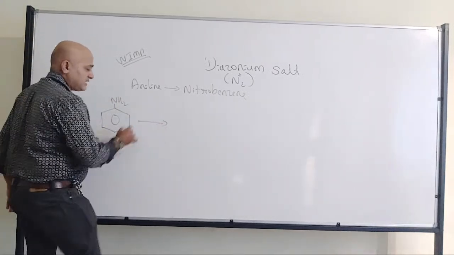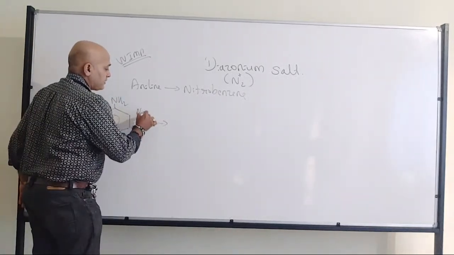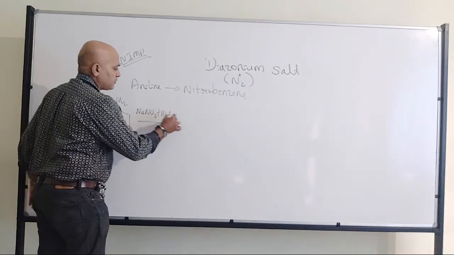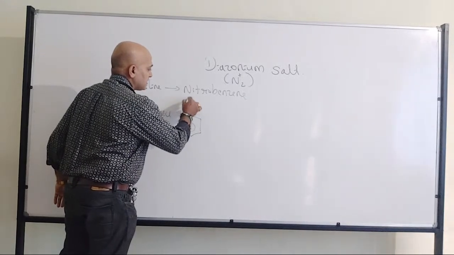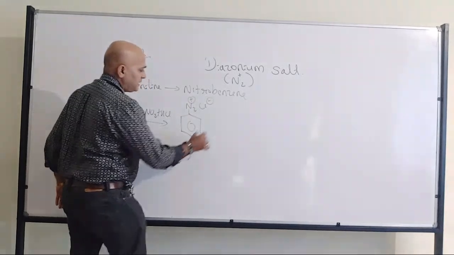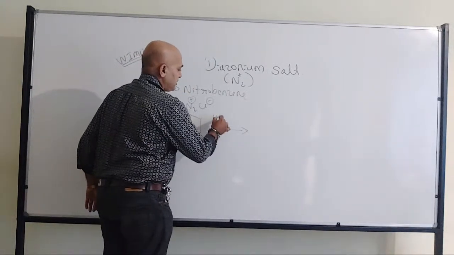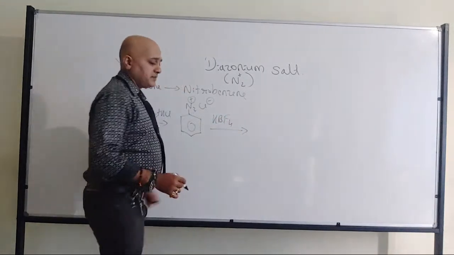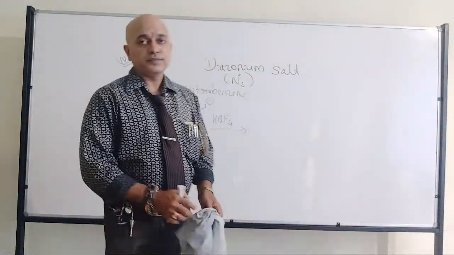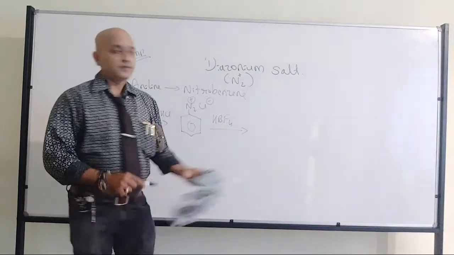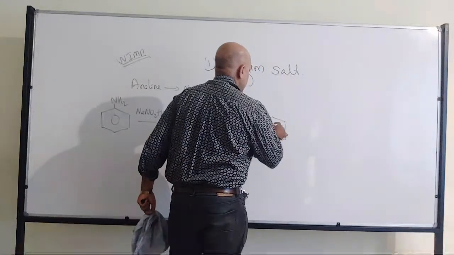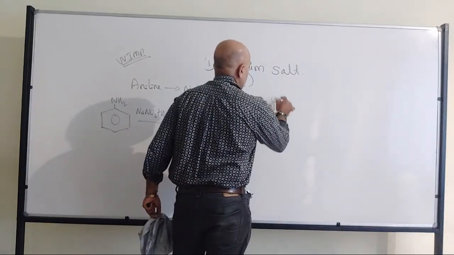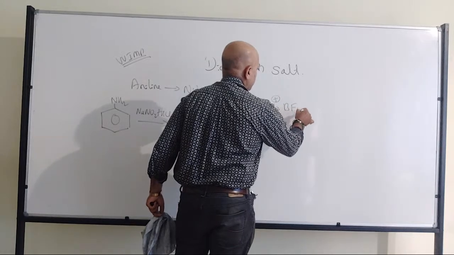So we have the aniline, which will get converted into benzene diazonium chloride, which on treatment with HBF4, what will happen? Just now we have discussed. It will get converted into benzene diazonium fluoroborate.